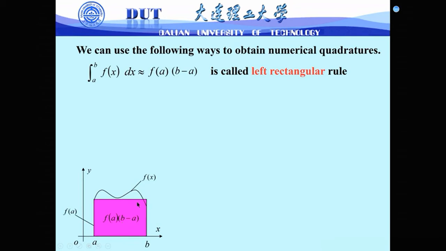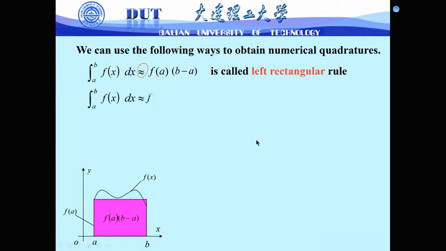Of course, this area is not exactly equal to the integral. So here we use approximation. However, we can just use the area of the left rectangle to approximate the integral. Of course, maybe the error is big, but at least we find a way to approximate the integral, right? So we call this the left rectangle rule.